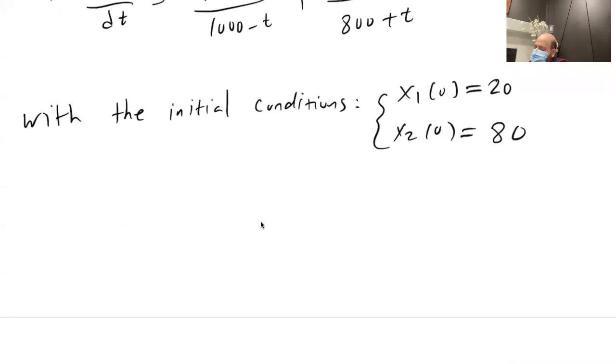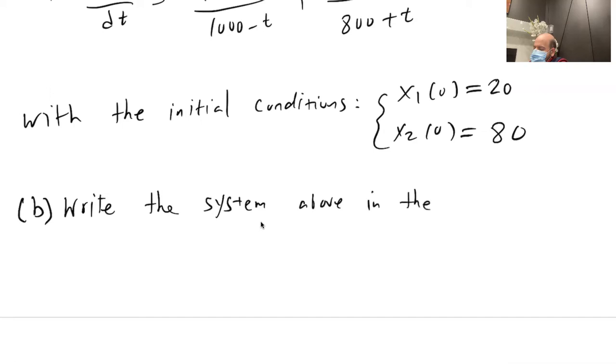Now let's add part B to this question. Write the system above in the matrix form.